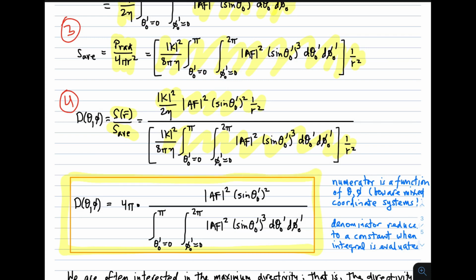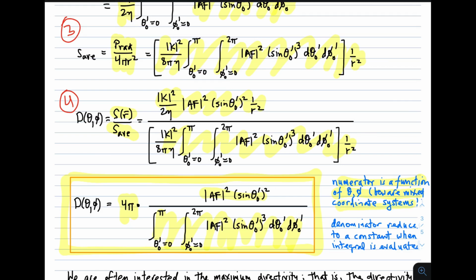After eliminating values that appear in the numerator and denominator, and a little bit of cleanup, I get 4 pi times magnitude of array factor squared times sine prime theta squared divided by this integral. Now be careful here. The numerator is a function of theta and phi, and I've expressed it in theta prime and implicitly in phi prime as well.